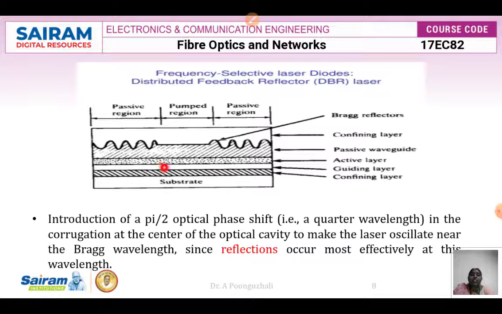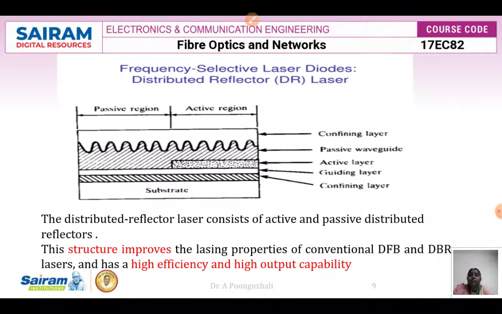The corrugations at the center of the optical cavity make the oscillator oscillate at the Bragg wavelength. So the reflections occur most effectively at this wavelength. At the Bragg reflector, when the light is pumped, only one wavelength will be reflected back, and all the remaining wavelengths will be refracted out. So here this is your Bragg reflector.